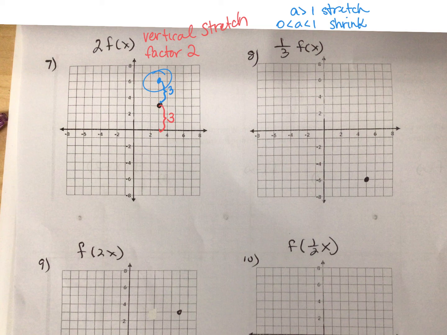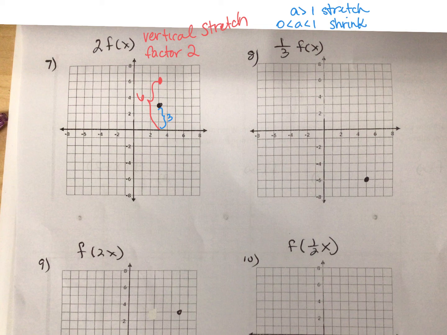This distance between the point and the axis is 3. And a vertical stretch factor of 2 doubles that distance. So I'm going to double that and go to 6 instead. I guess my drawing could be better. That's 3. So my new one is going to be 6. Is that better?